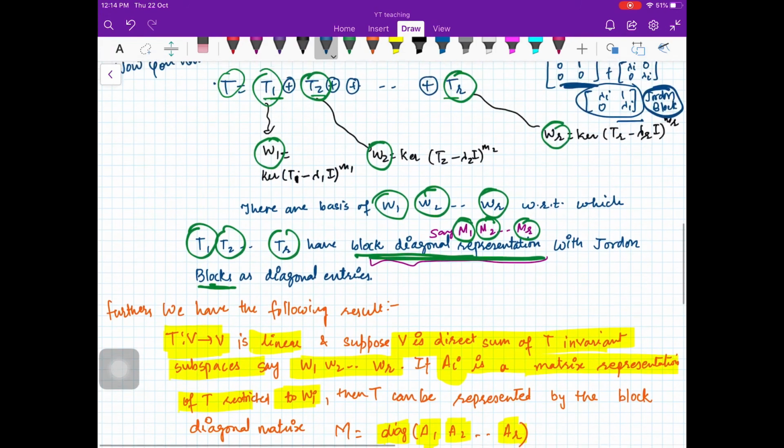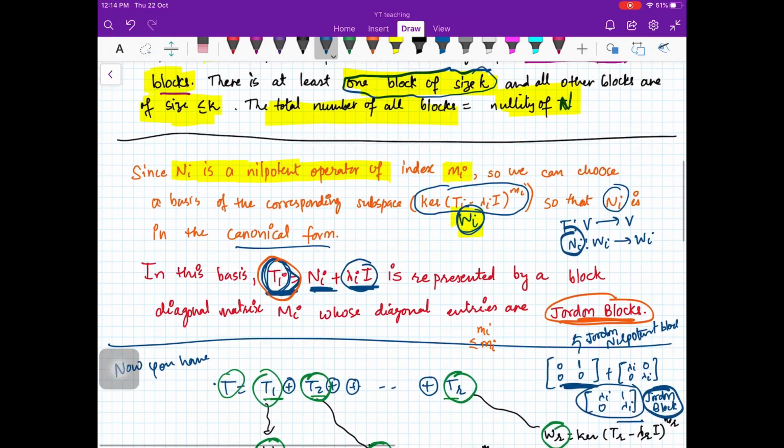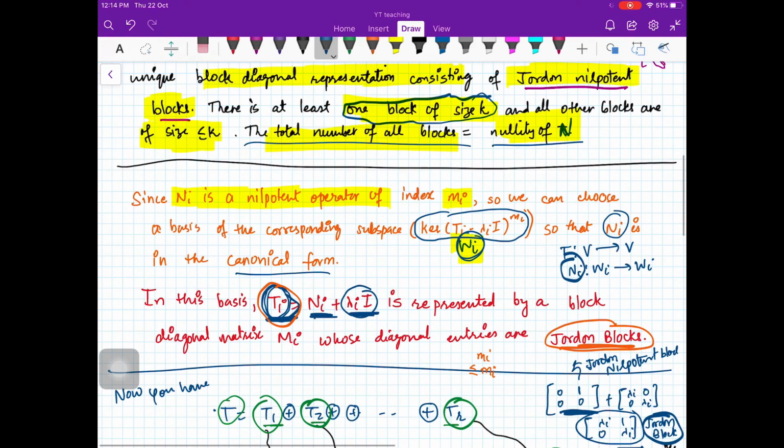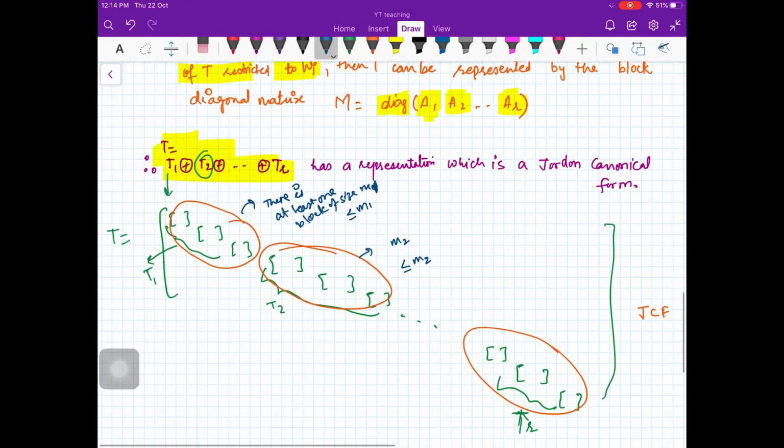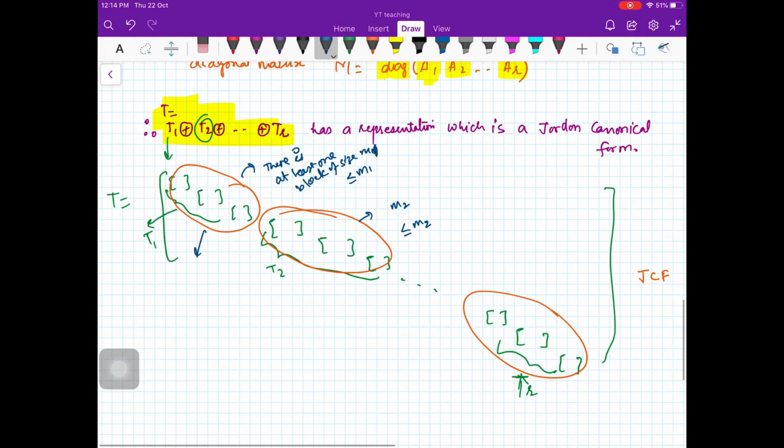And we are also saying that the total number of blocks is equal to the nullity of N. So here the number of blocks is the nullity of T1, here the number of blocks will be the nullity of T2, and here the number of blocks will be the nullity of Tr. These things we will see later on, when we write the Jordan canonical form of a matrix, when we do the problems.